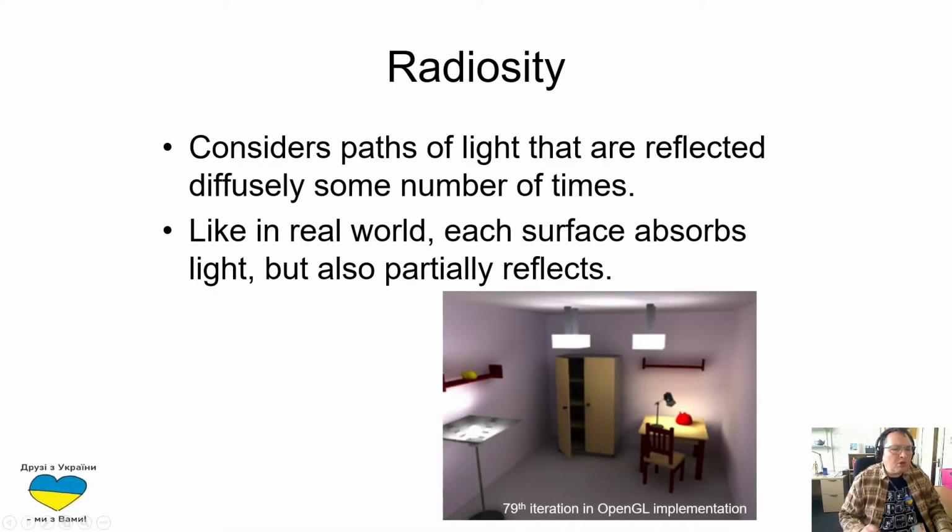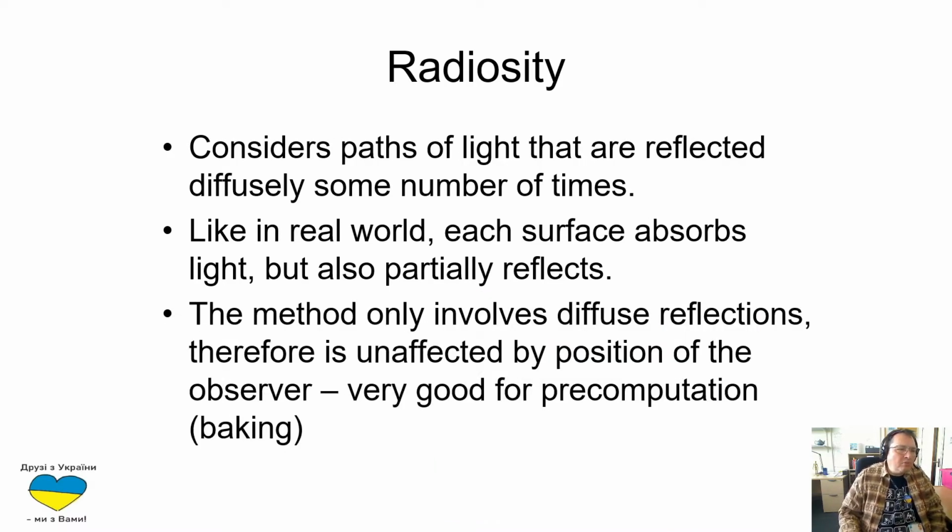This example shows the 79th iteration of a radiosity-based scene implemented in OpenGL. The method only involves diffuse reflections, therefore it is unaffected by the position of the observer.